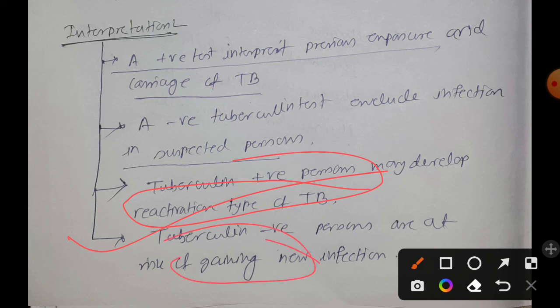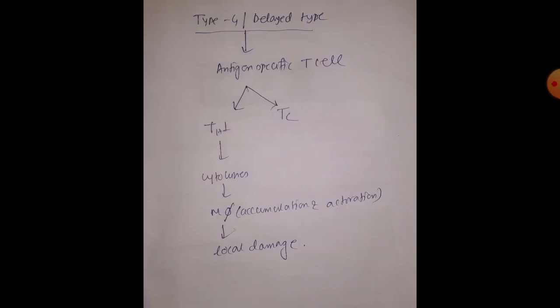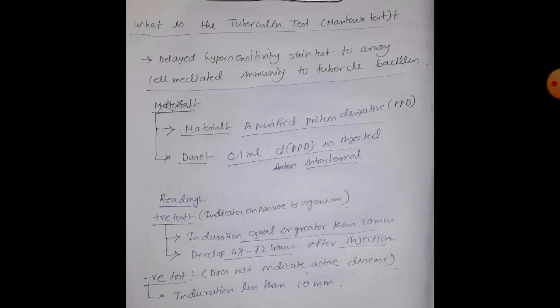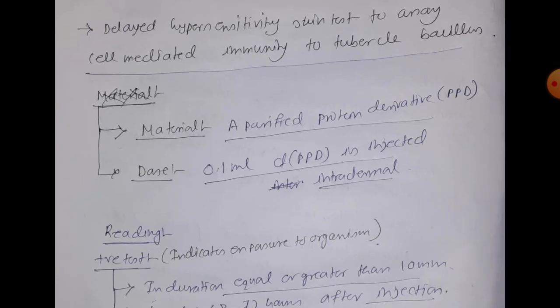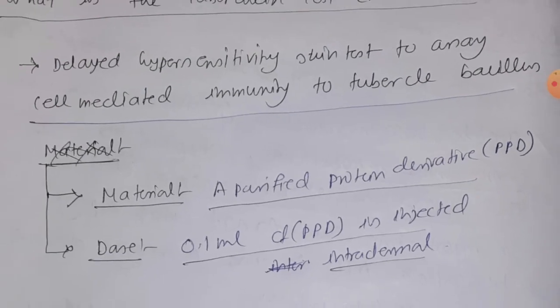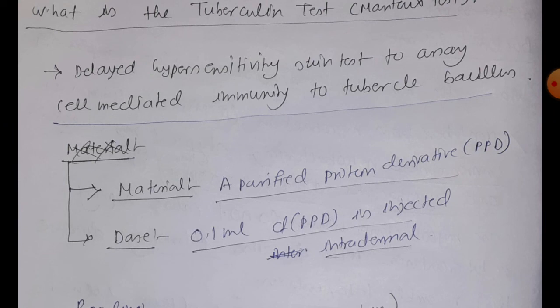Okay, so that is the concept regarding your tuberculin test or Mantoux test. That was someday a basic technique or standard method of saying whether a particular individual is infected with tuberculosis or not.